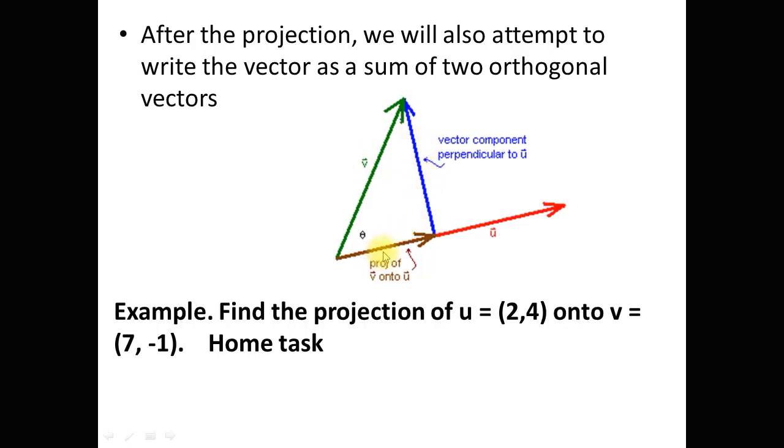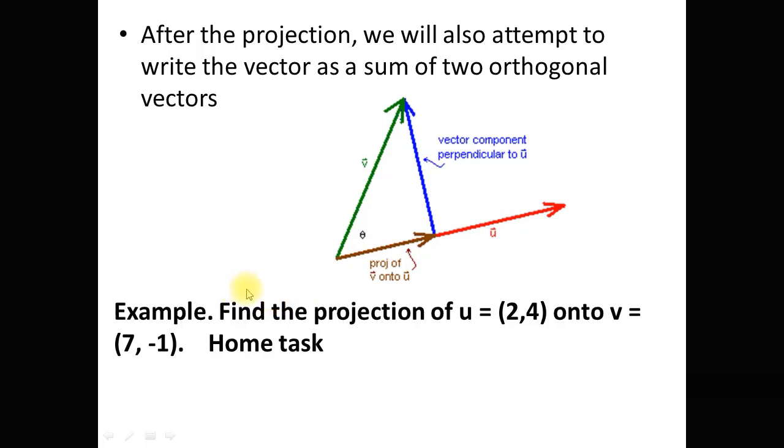So W1 is the orthogonal projection of V onto U, the component of V along U, and W2 is the component of V orthogonal to U. So after the projection we will also attempt to write the vector as a sum of two orthogonal vectors. So suppose V is equal to W1 plus W2.